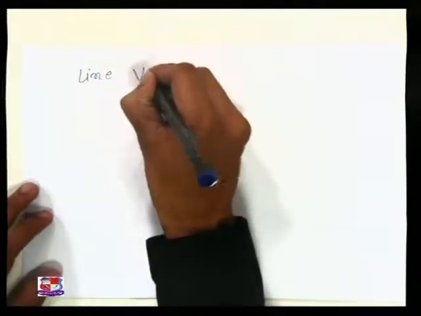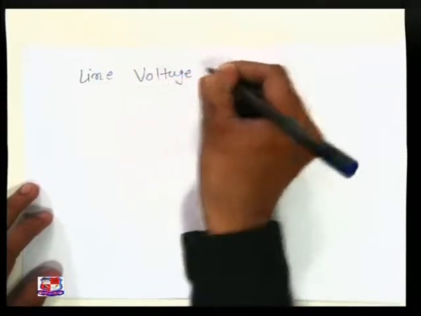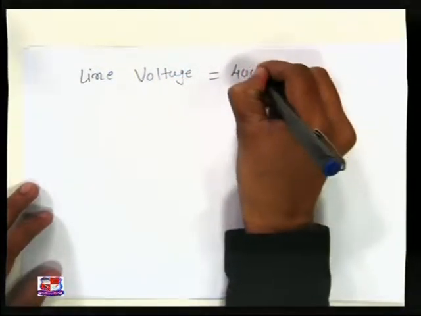So in our star connection we have to remember the line voltage. The line voltage is equal to 400 volt.